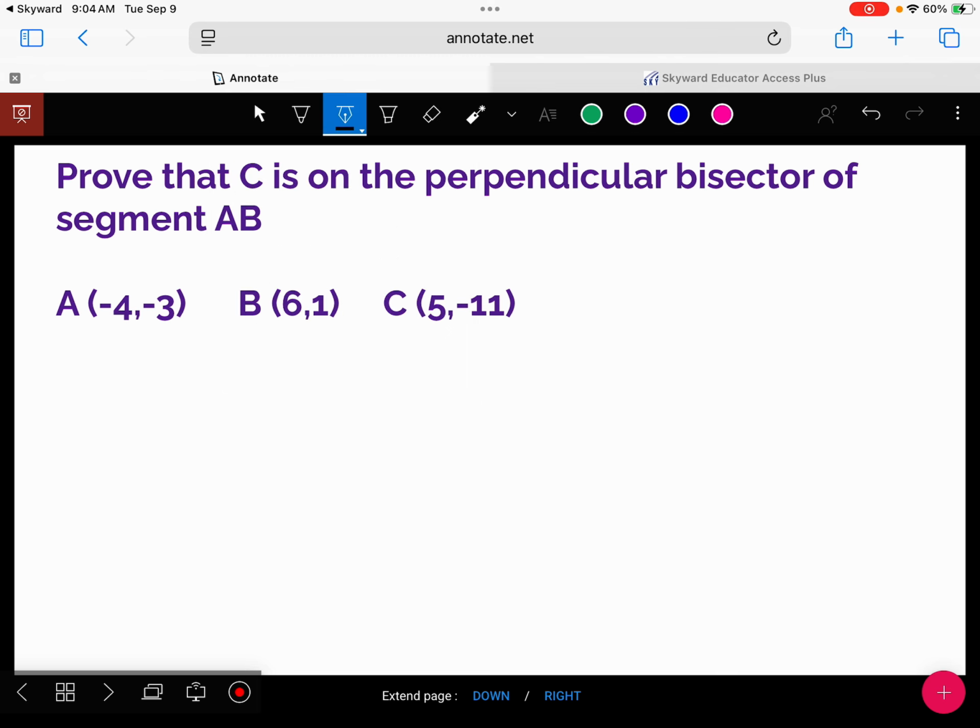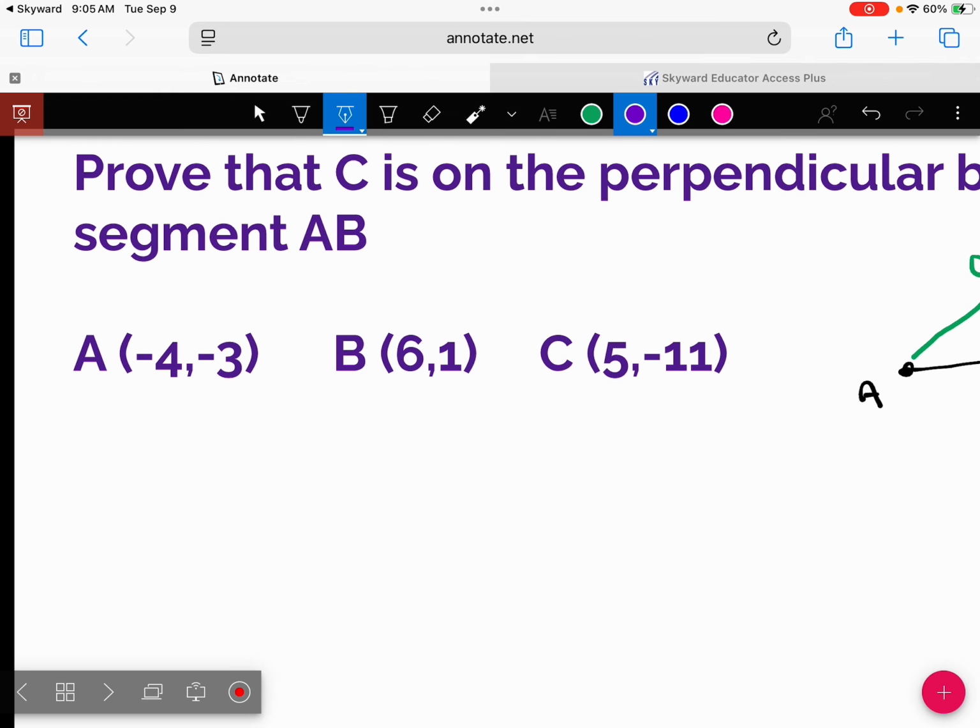What they're saying is, if we have a segment that goes from A to B, we want to see if C is exactly the same distance from A that it is from B. Those two distances should be exactly the same if C is on the perpendicular bisector. So we need to find the distance between A and C, and the distance between B and C. So we're going to do two different setups for this.